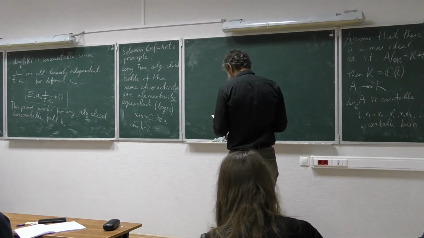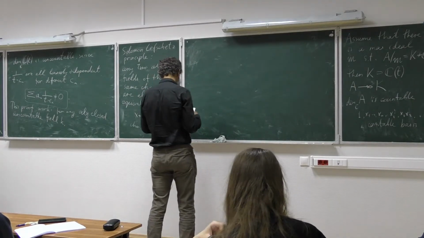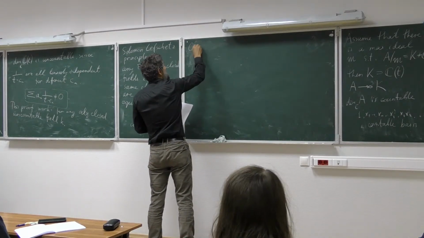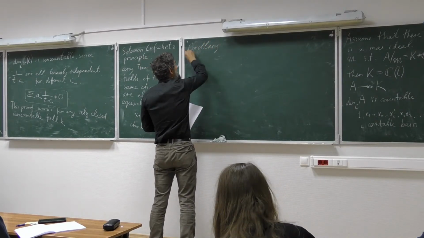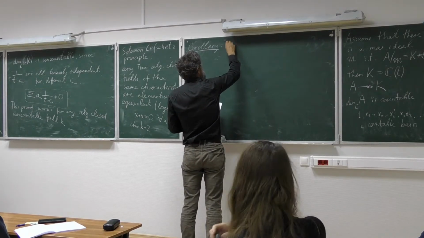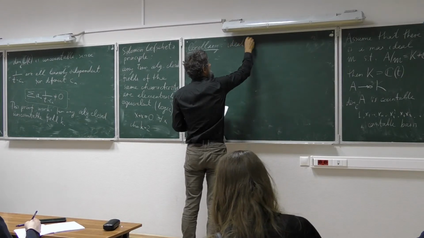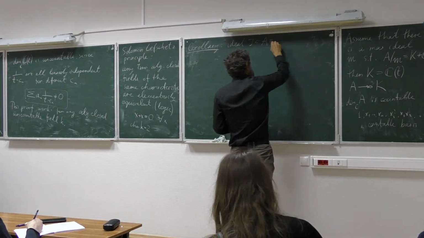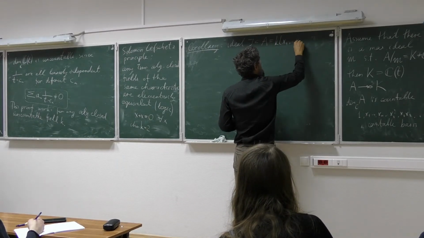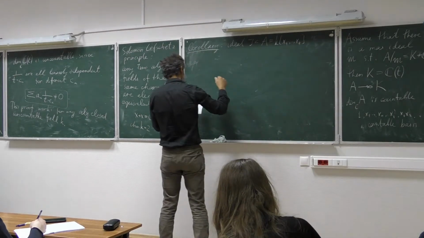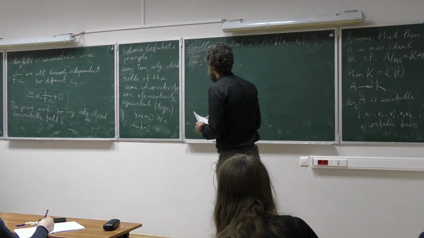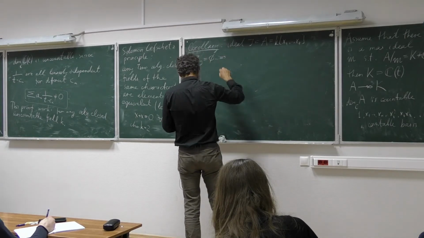Okay, so maybe a corollary. If we have an ideal J in our polynomial algebra, and we know that the corresponding set of zeros is empty, then this ideal is the trivial ideal.